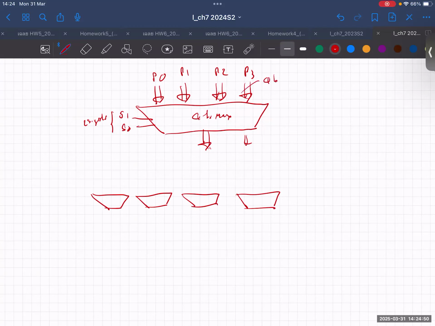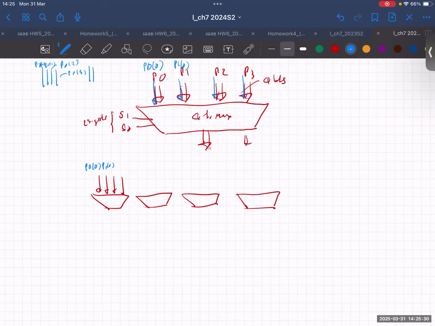These are 4 bits. Each bit goes in here. So you pick up the first bit of each port, right? For example, P0,0 is the first bit, then P1,0, the same significant bit. As you can see, P0 has 4 bits: P0,0, P0,1, P0,2, and P0,3.